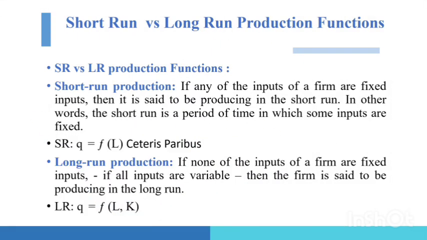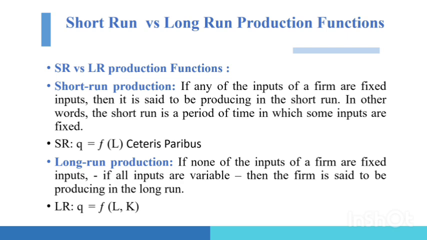Here is the short run and long run production function. So, what is the short run production function? The short run production function is the period of time in which at least one factor input is fixed while other inputs are variable. In the short run, a firm's plant is fixed. Okay.